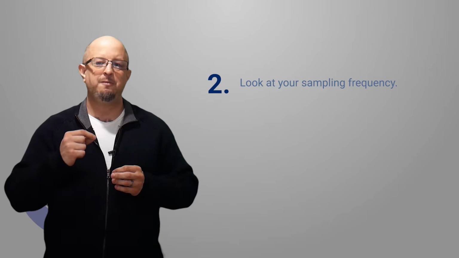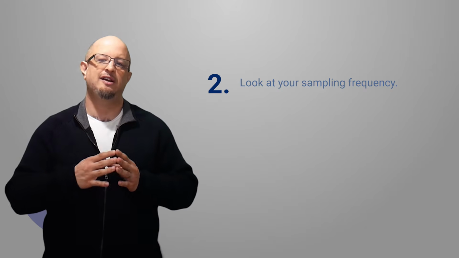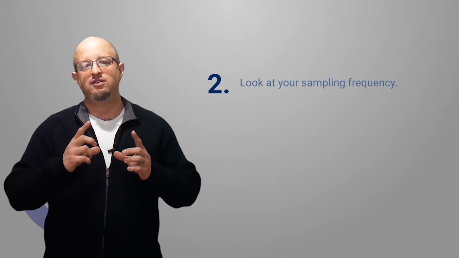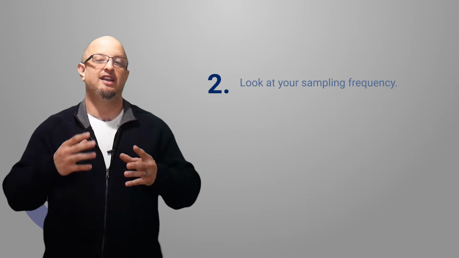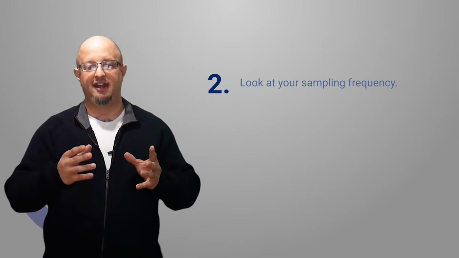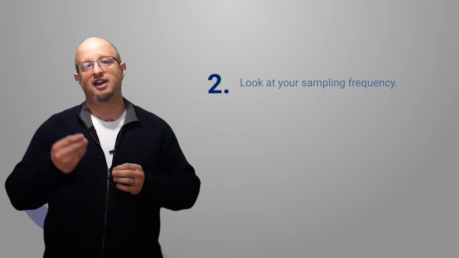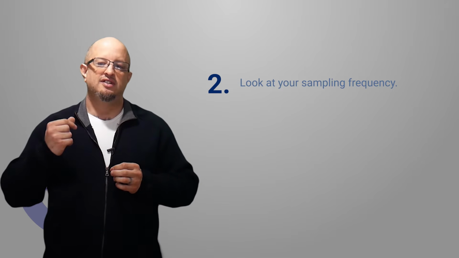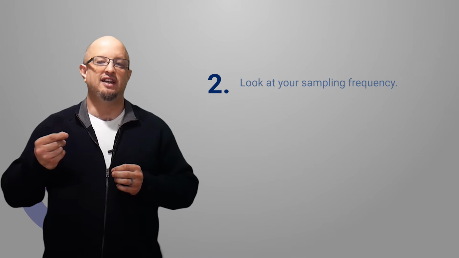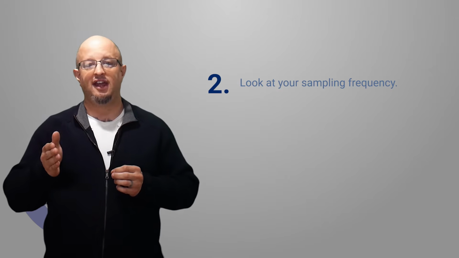The second thing that you're going to want to do, you're going to want to go through and look at your sampling frequency. Now, many people don't put any thought into their sampling frequency. As an example, when you say you have an issue due to tool hang, I go to your control plan, and a lot of times what I'll see is your sampling is done once per week, let's say, not once per tool hang.